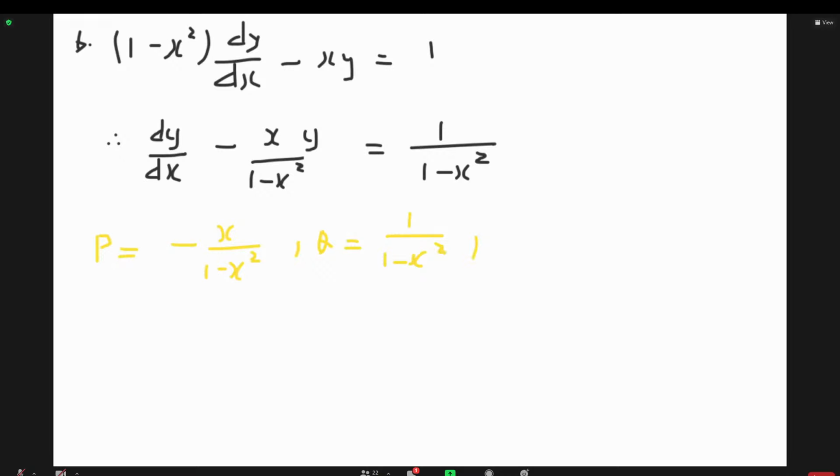And the integrating factor is e to the integral of 1 over... Again, the integral here is... all right, forgot the x. All right, now we got to go integrate that.